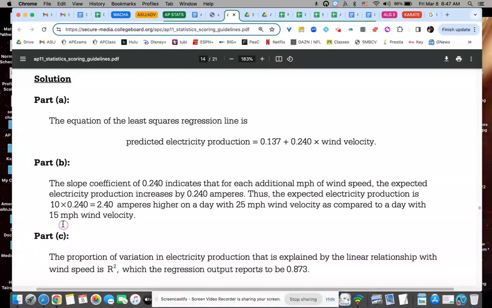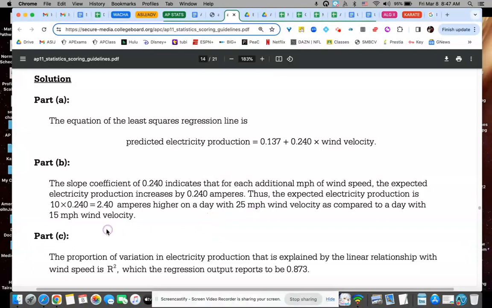So 15 is less on the x-axis than 25 is, and we know that this has a positive slope, so it's going to be going up, right? So as the x value increases, the y values are going to increase as well. So for a bigger x, in this case 25 miles per hour, it's going to have a bigger amperage than the 15 would, just because the slope tells me that we're increasing as we go along.